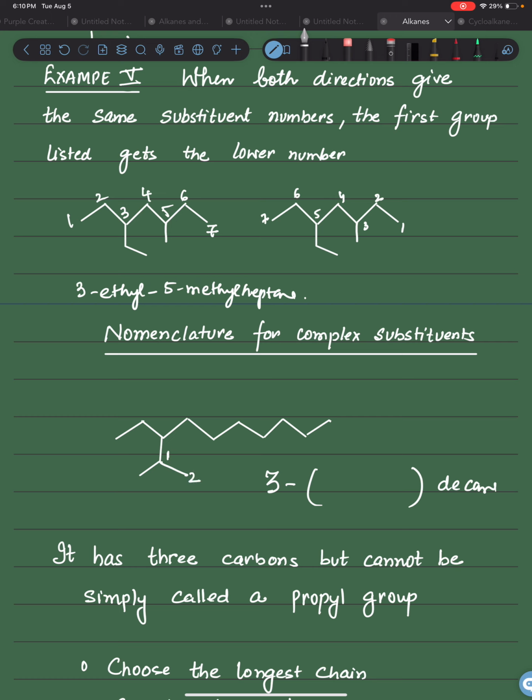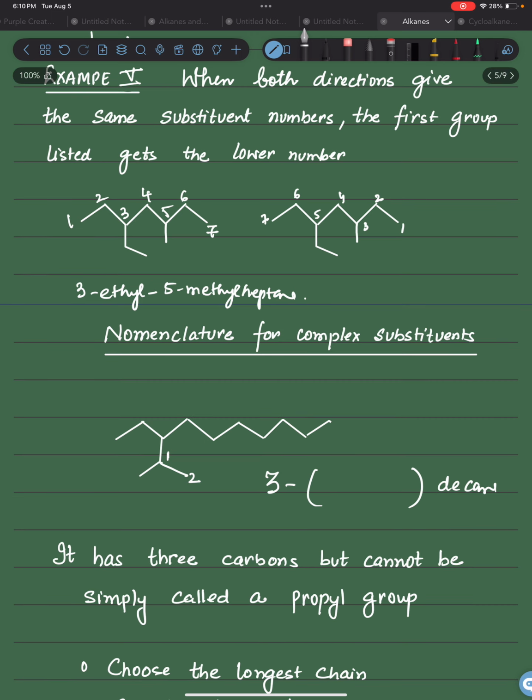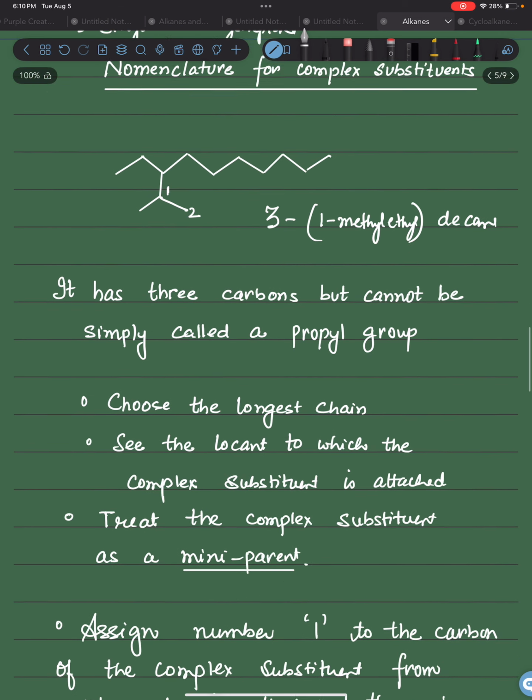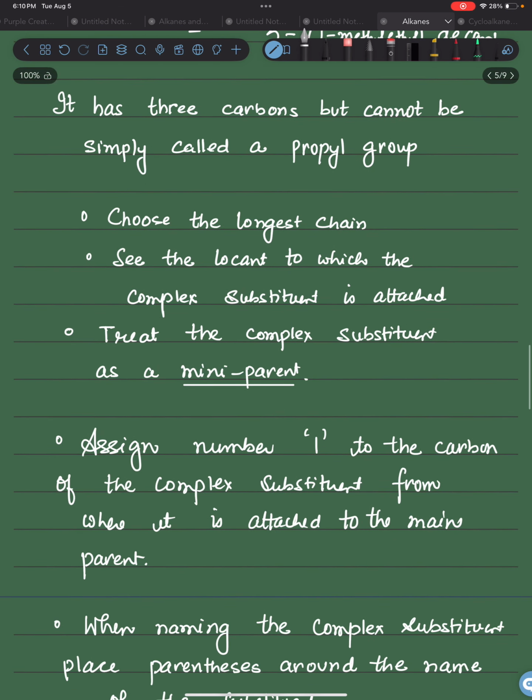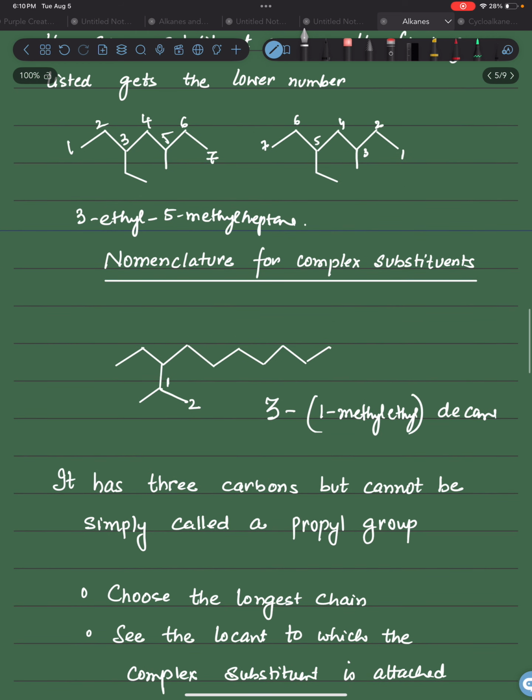On either side it is the same, the length of the chain is the same, so you can go either side. So you will write 1-methylethyl. It has 3 carbons but cannot be simply called propyl, because it is not propyl, it is isopropyl.